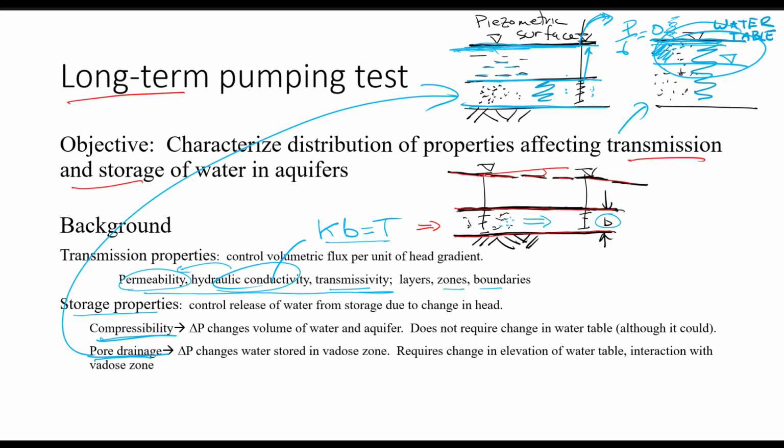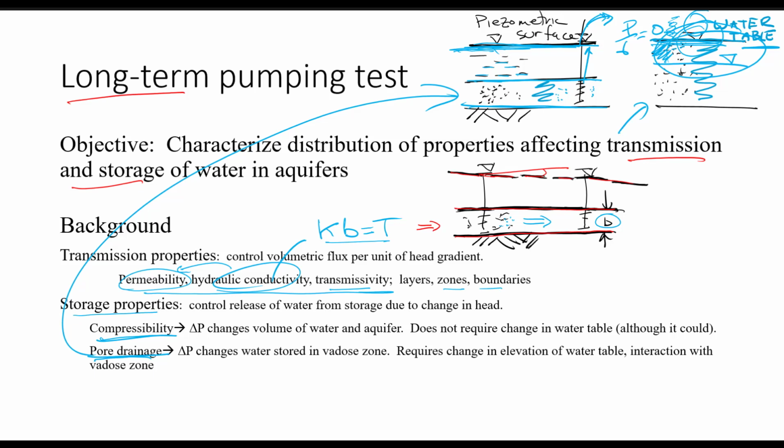So when it drops, that means that the pressure in the confined aquifer changes, but there's no pore drainage that occurs. However, the water table, when this drops, this indicates that in the vicinity of the water table, and above it, there can be pore drainage.